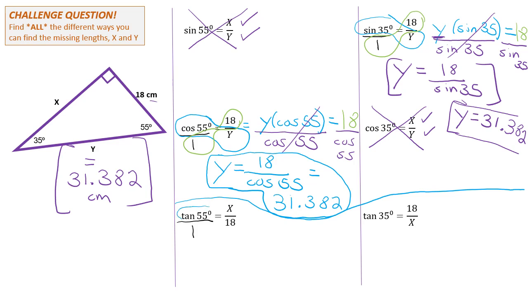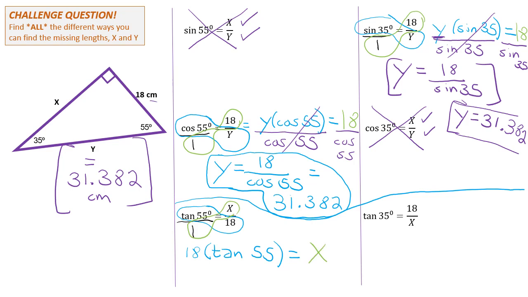So let's do a little cross multiplication. That is going to look like 18 times the tangent of 55 equals x times 1, which is just x.